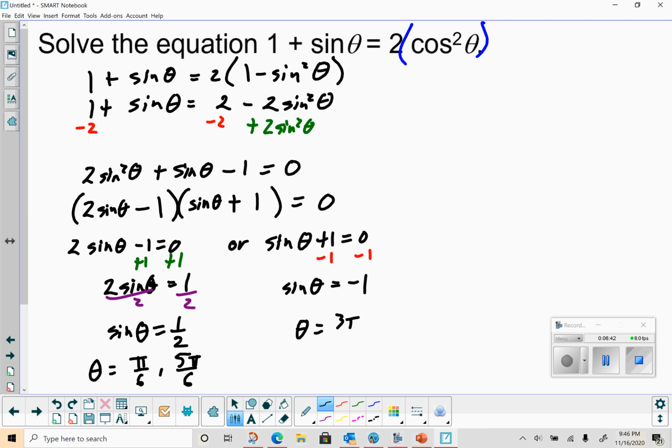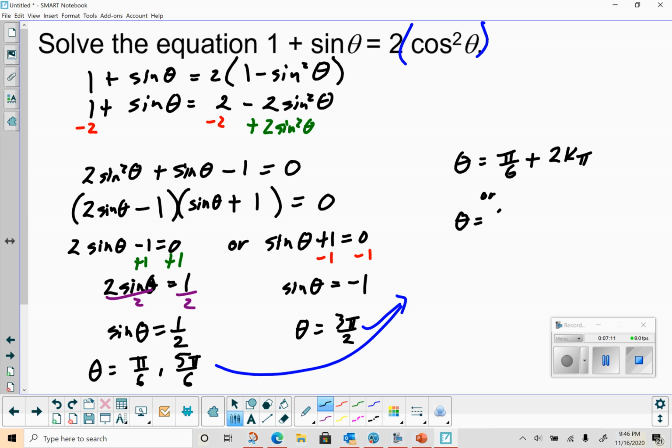That happens at 3 pi over 2. So there are all the solutions within one period, within one cycle. So then we need to take this and this and turn it into our expressions here for all the solutions. So theta could be equal to pi over 6 plus 2k pi, or 5 pi over 6 plus 2k pi, or 3 pi over 2 plus 2k pi.